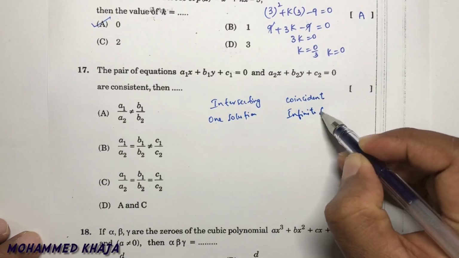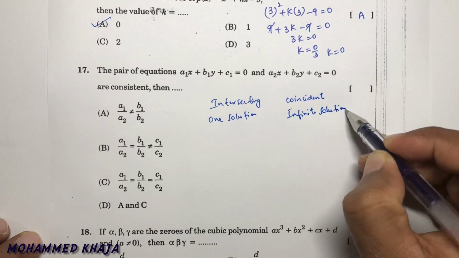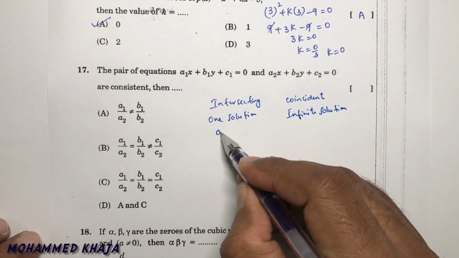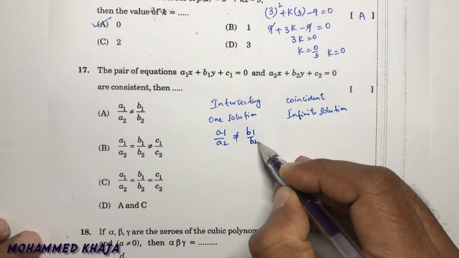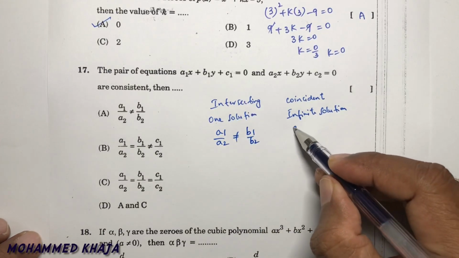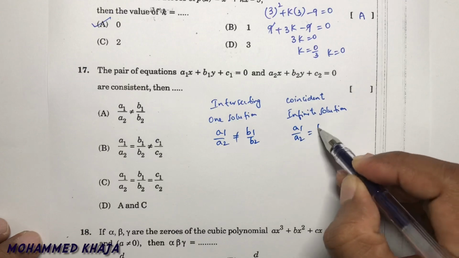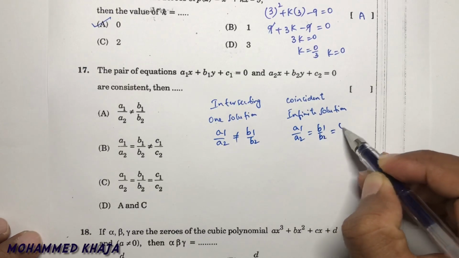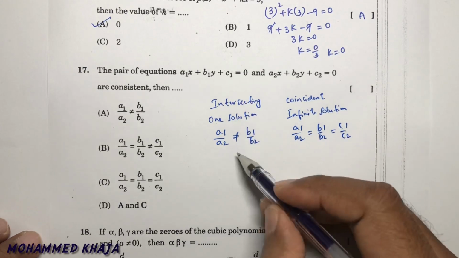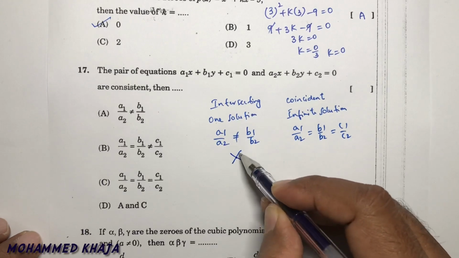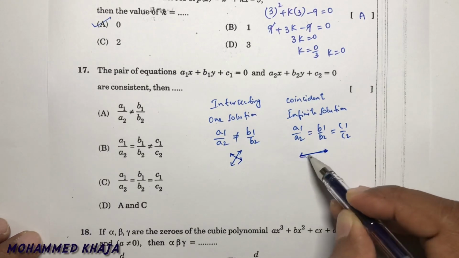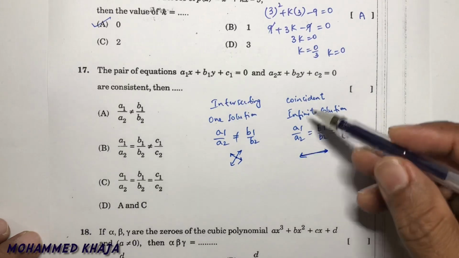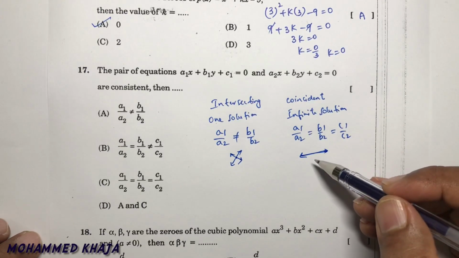The condition for intersecting is a1 by a2 is not equal to b1 by b2, and for coincident, a1 by a2 equals b1 by b2 equals c1 by c2. Intersecting lines meet at one point, so we get one solution. Coincident lines give many solutions. So these two are called consistent.